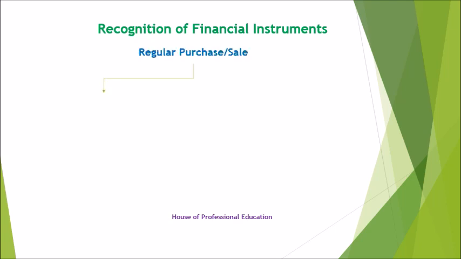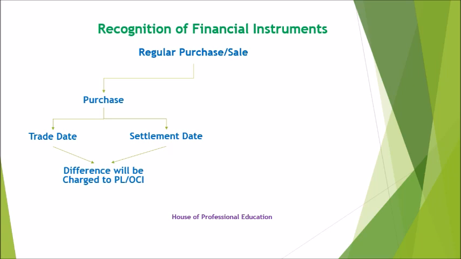Under purchase of a financial asset, we will account either at trade date or at settlement date. In both cases, the difference will be charged to profit and loss account or OCI as the case may be.